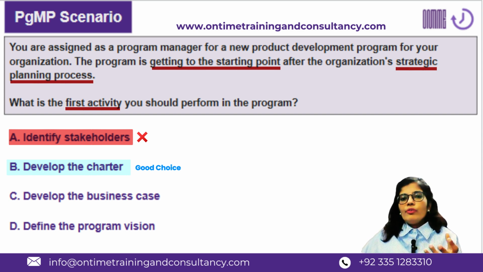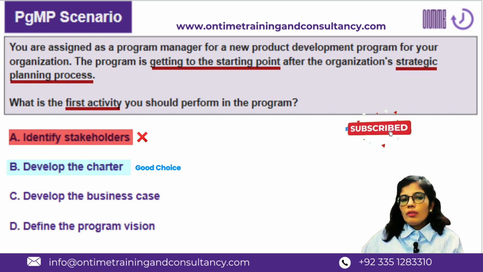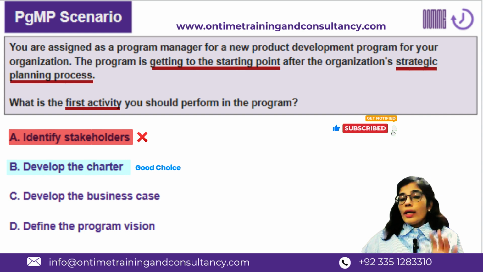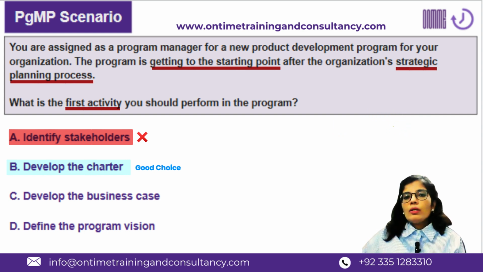The objectives and the benefits are also documented in the charter for the same reason. And charter is a document that should be available to the different program stakeholders, right? It should be a public document, rather than a private document, unlike the business case, right? So charter is a good option, but maybe we have a better option than option B.